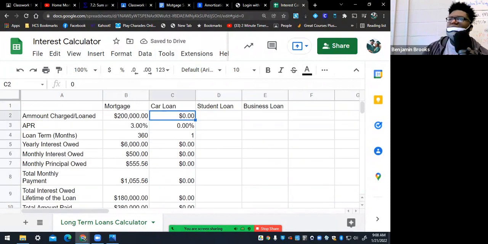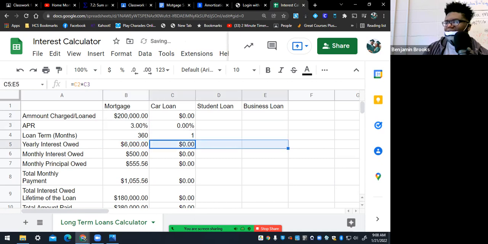Basically, we went through these scenarios, and if you look at it, if you drag this out, it should automatically create the exact same functions.